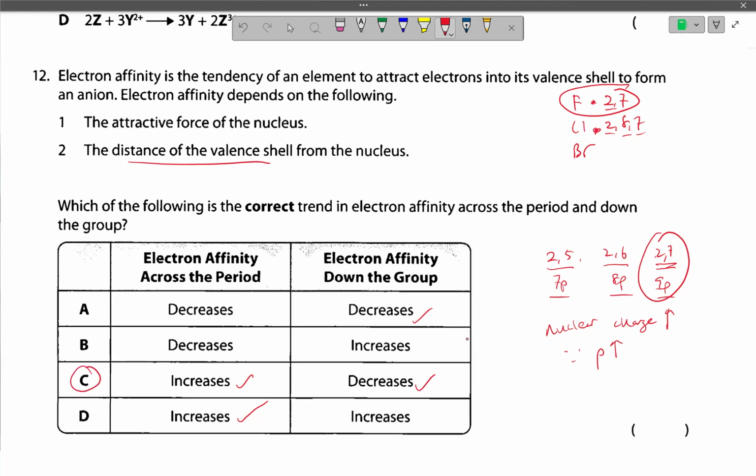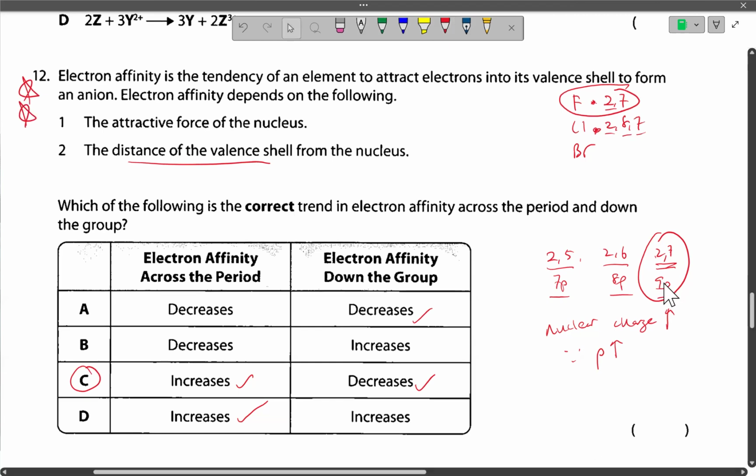So the answer is C. This is a very good question. It actually explains why fluorine is the most reactive non-metal. Across period 2, fluorine has the highest nuclear charge, so the attractive force for electrons into its valence shell is highest. Down group 17, it has the smallest atomic size, so the valence electron is nearest to the nucleus.